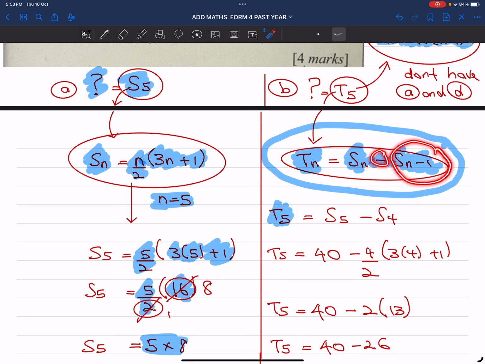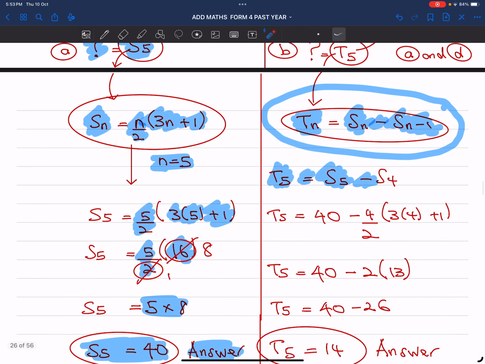So T5 equals S5 minus S, n minus 1, 5 minus 1 is 4. So the T5 we are looking for is S5 minus S4.